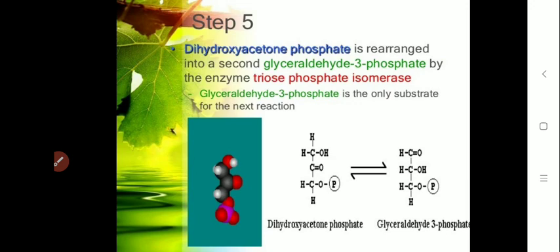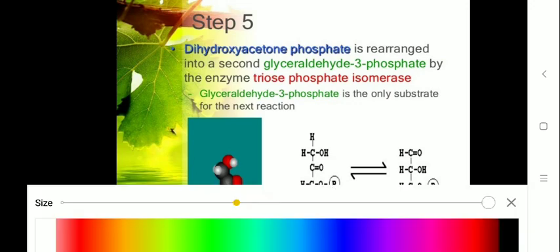Dihydroxyacetone phosphate is isomerized, and when isomerization is carried out it forms glyceraldehyde 3 phosphate. The isomerization of these 3 carbon phosphorylated sugars is catalyzed by the enzyme triose phosphate isomerase.